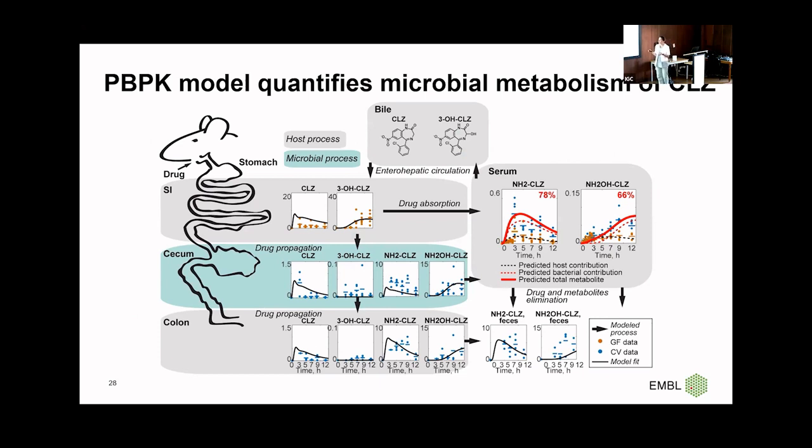Here we compare germ-free mice to mice colonized with the native microbiota, and we show that for clonazepam and its metabolites, we also see differences in clonazepam metabolite kinetics in the serum. And in this case, microbiota also contributed about 60 to 70% of metabolite exposure in the serum.